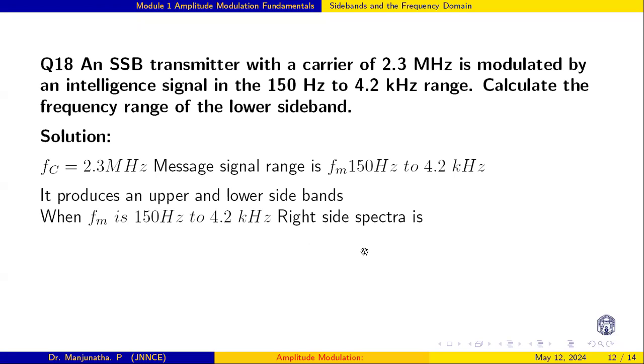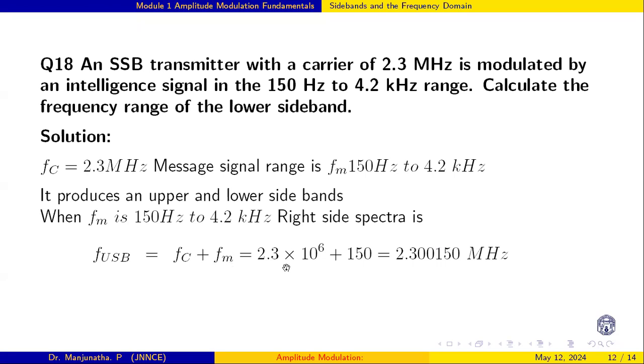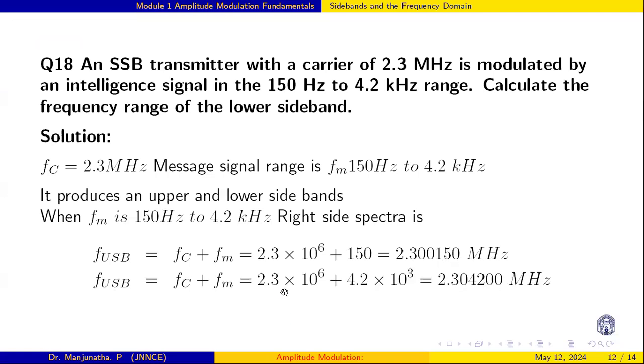With respect to the carrier, the right side spectrum is fc plus fm, that is 2.3 megahertz plus 150 hertz, 2.300150 megahertz, and with 4.2 kilohertz, 2.304200 megahertz. This is the right side.